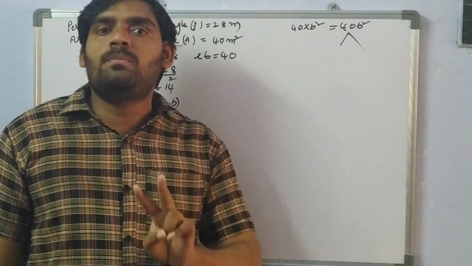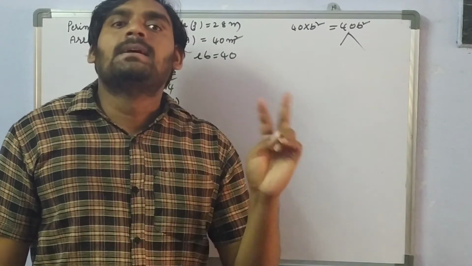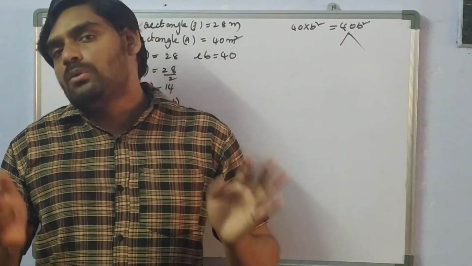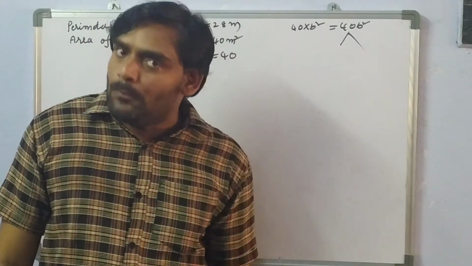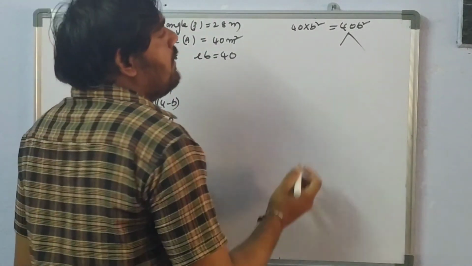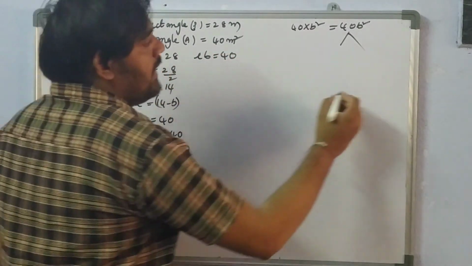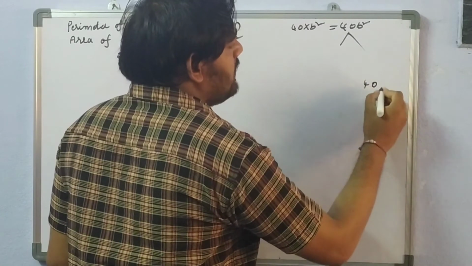So two terms should be in negative only, because when you add two negative terms, the result is negative. When you multiply two negative terms, the product is positive.